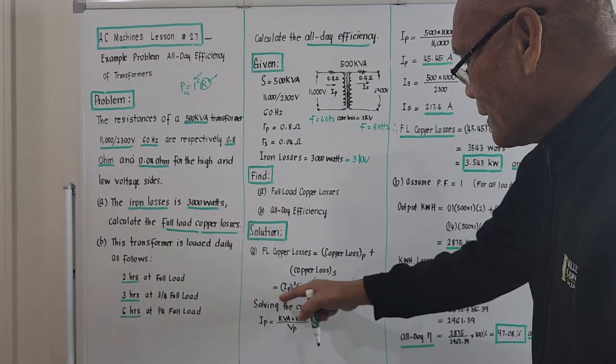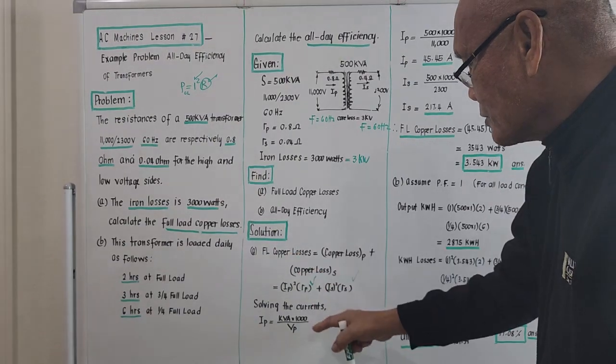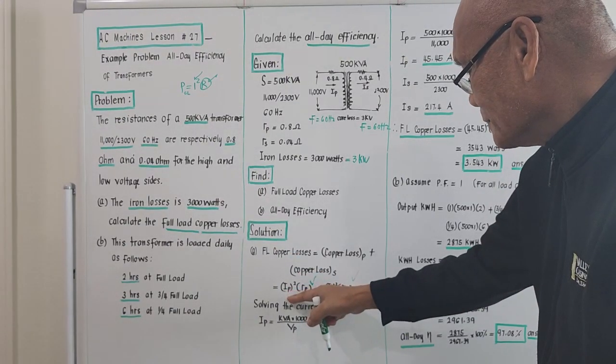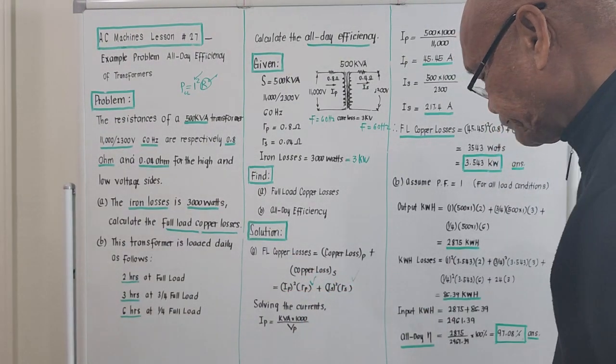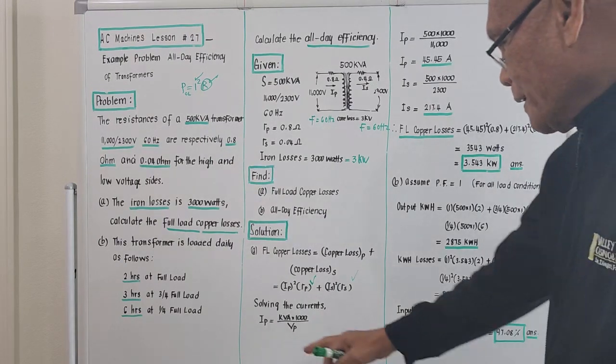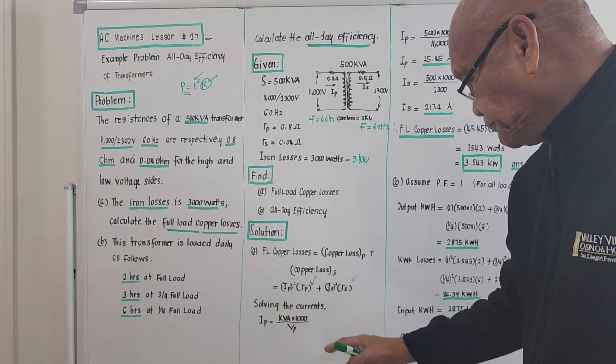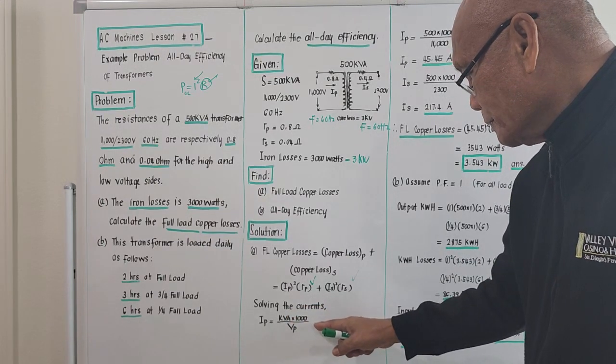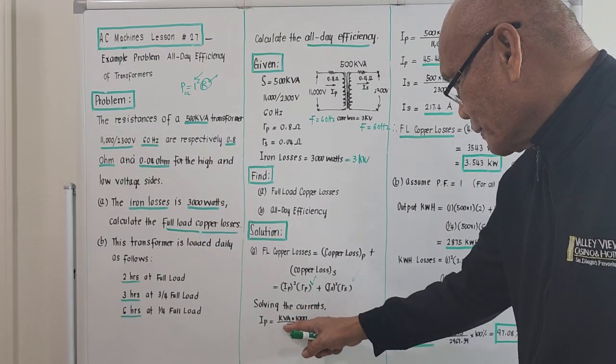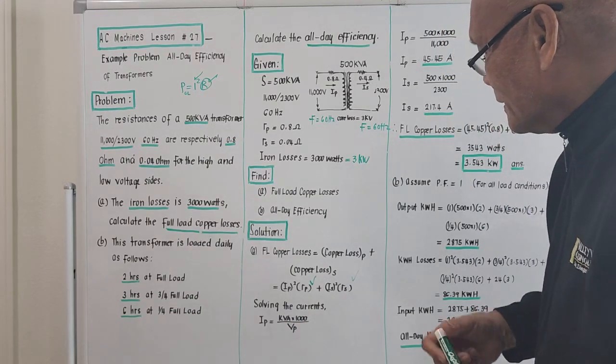So the only problem now to compute for the copper losses is to compute for the primary current and for the secondary current. The primary current will be kVA, the apparent power, multiplied by 1,000 over the voltage on the primary.